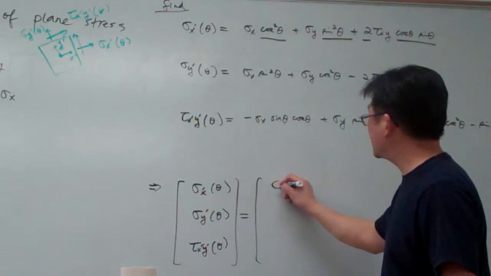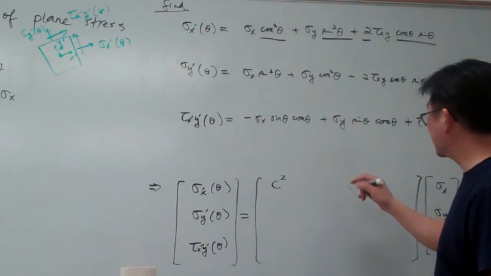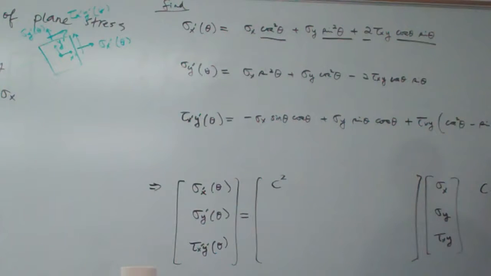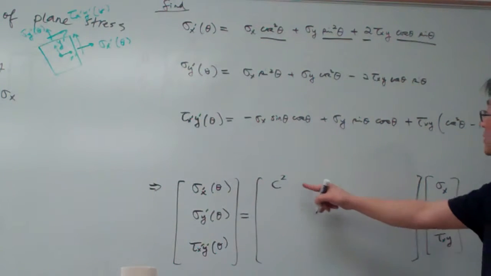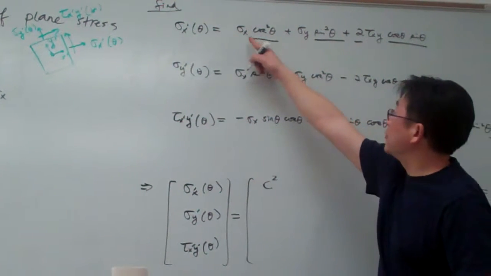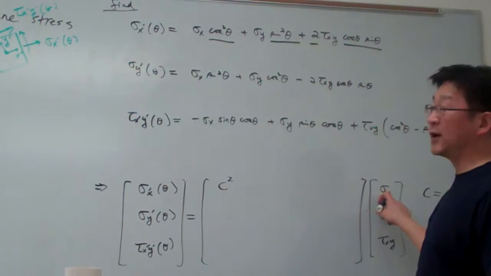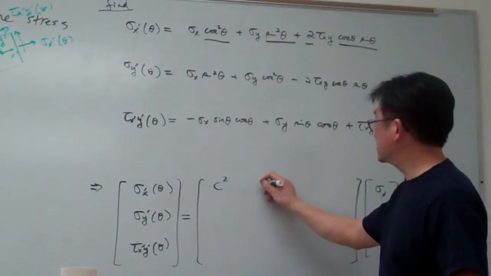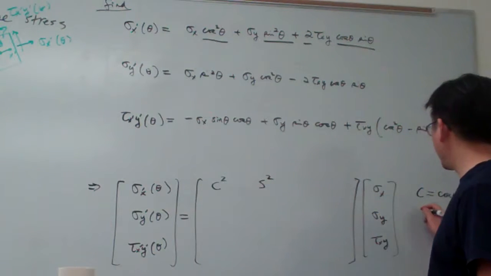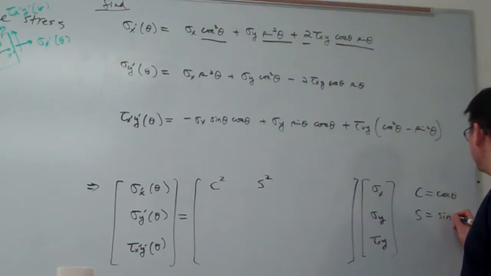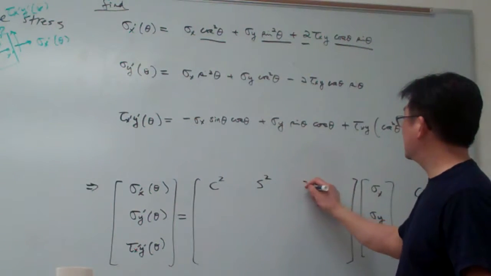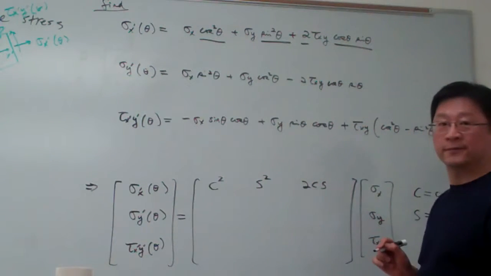That is cosine squared, let me use c squared, where c is defined as cosine theta. So cosine squared times sigma x, the second one is sine squared times sigma y, and the final one is 2 times c s.